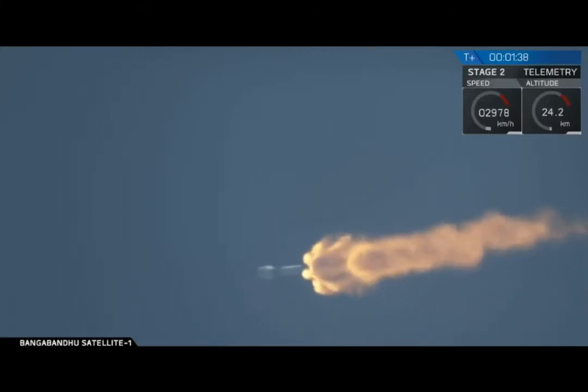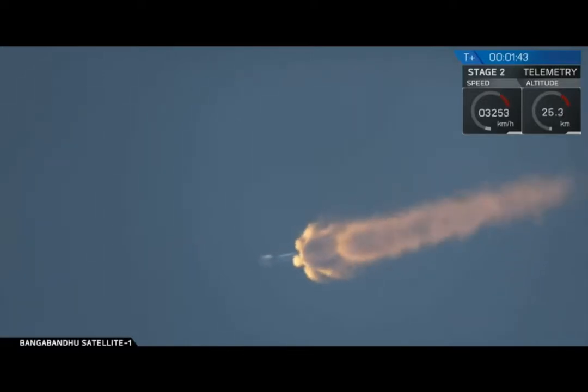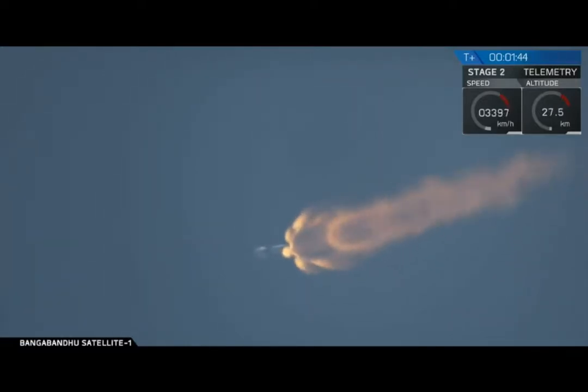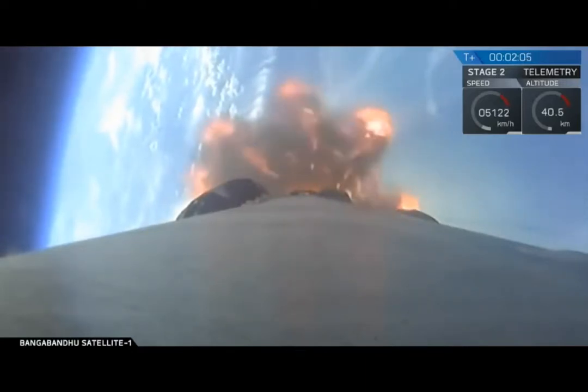Coming up about 50 seconds from now, there'll be 3 events in quick succession. The main engine will cut off, stages separate, and the second stage will start its Merlin vacuum engine. It's doing 5,000 kilometers per hour.